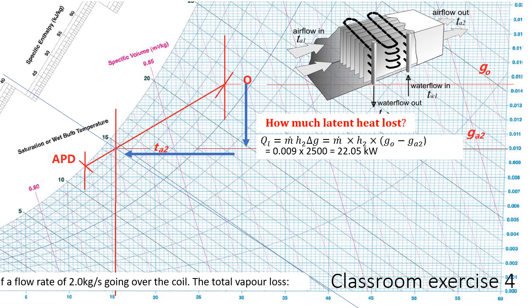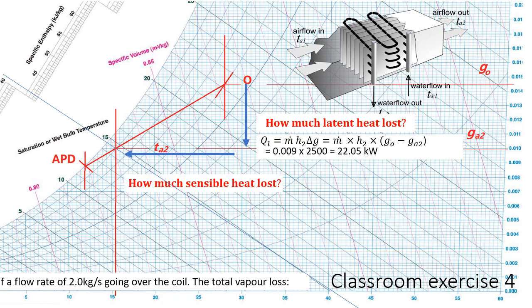Or you can say, from the cooling coil's point of view, the coil has taken away the moisture from the air, right? So how much latent heat? 22.05 kilowatt of latent heat being taken away, or equivalent to that amount of heat of vapor being taken away.